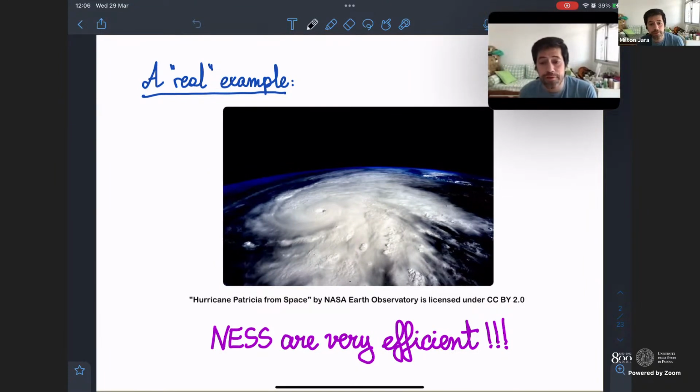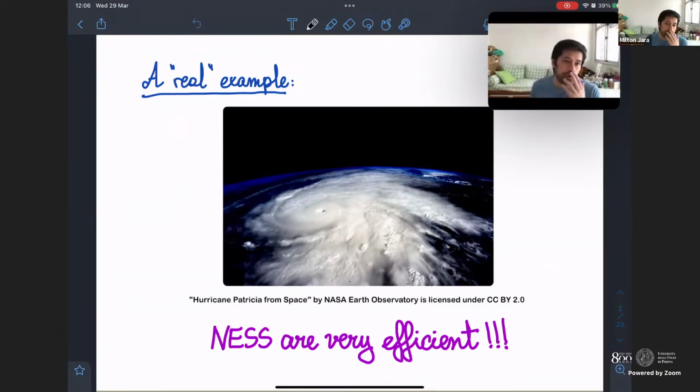The idea is that non-equilibrium stationary states are found everywhere. In nature, in physics, you always find these non-equilibrium stationary states. This is one example which I found particularly interesting, which is a hurricane.